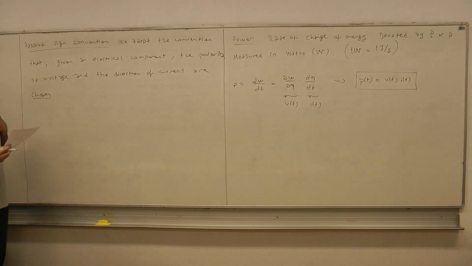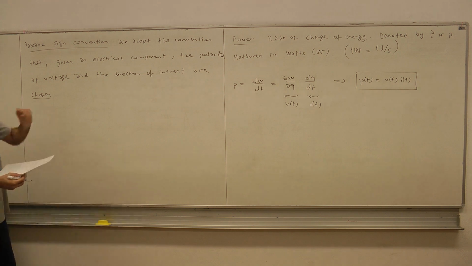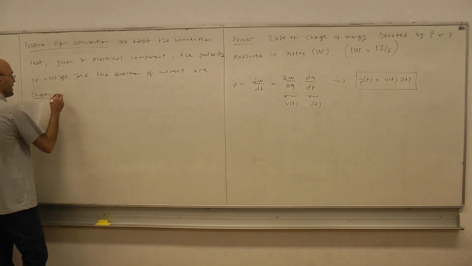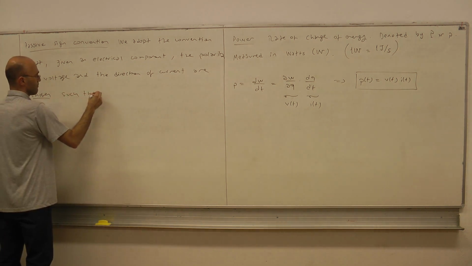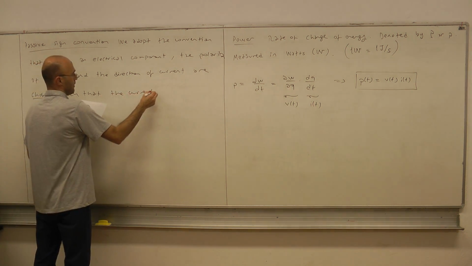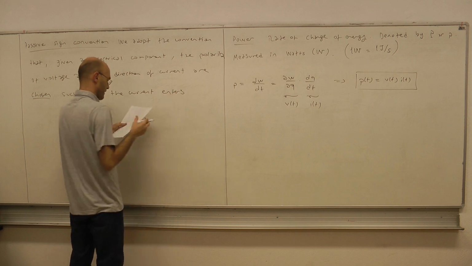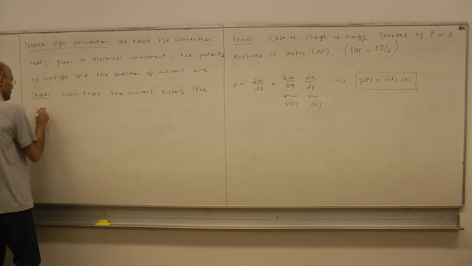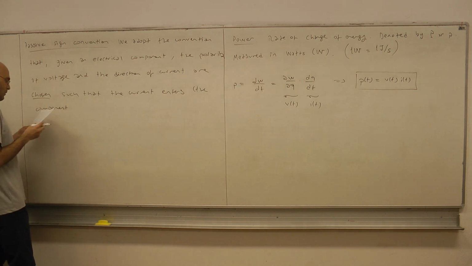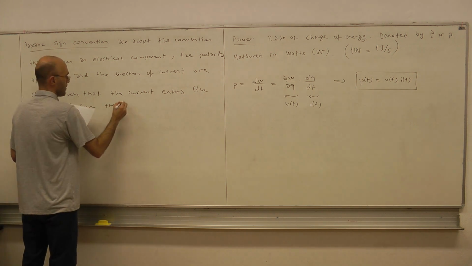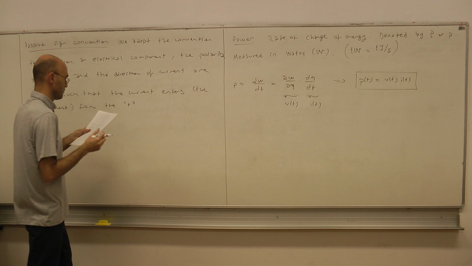We choose them not arbitrarily, but in a particular way, which we call the passive sign convention, such that the current enters the component from the positively labeled terminal.